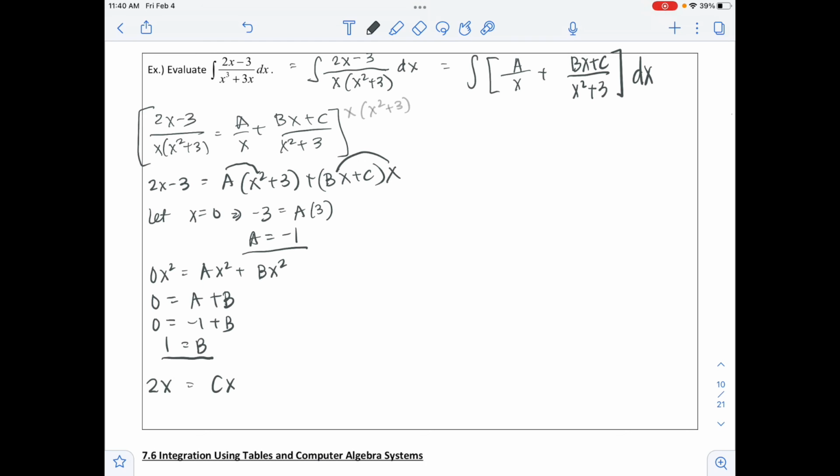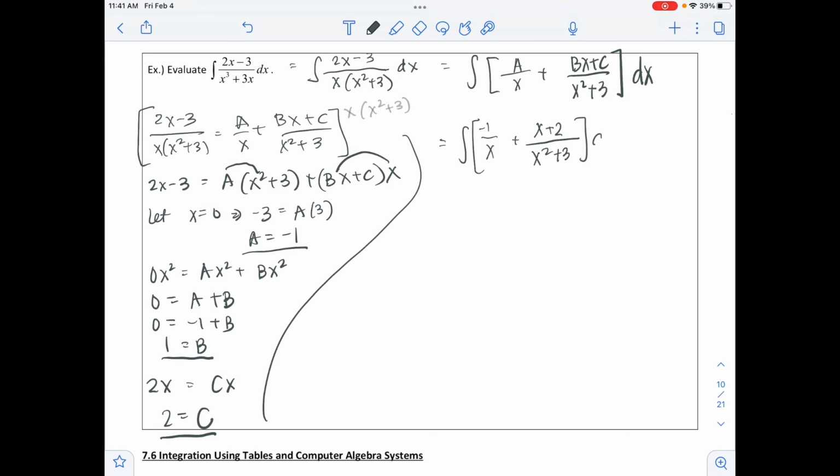Dividing both sides by x, we get 2 is equal to C. So from here, our integral is now going to become the integral of negative 1 over x plus Bx, which is just 1x, or just x, plus C, so plus 2, over x squared plus 3 dx.